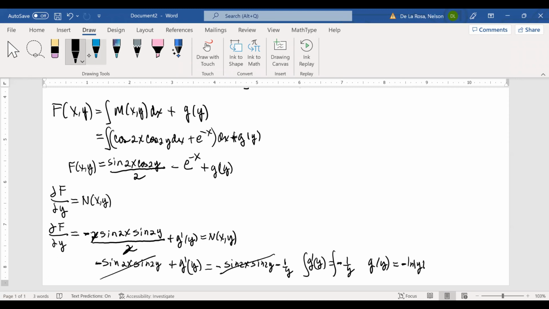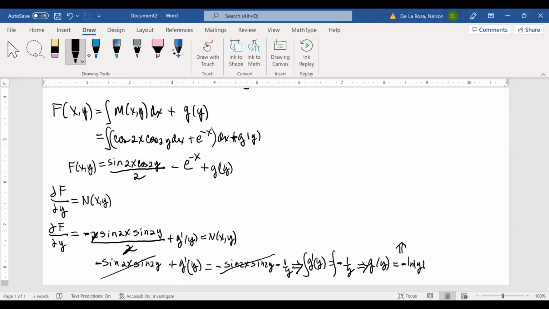Okay, so this is the sequence. So we're now moving up. So our solution is going to be what?